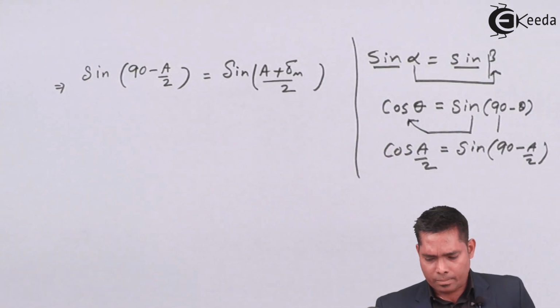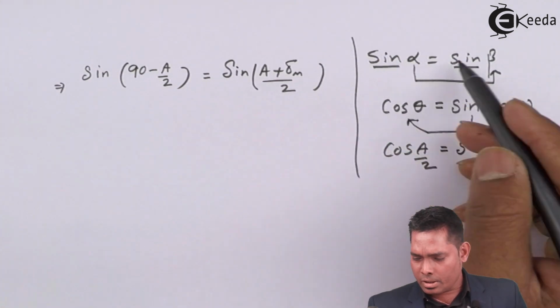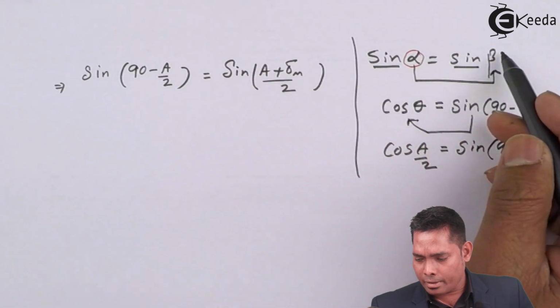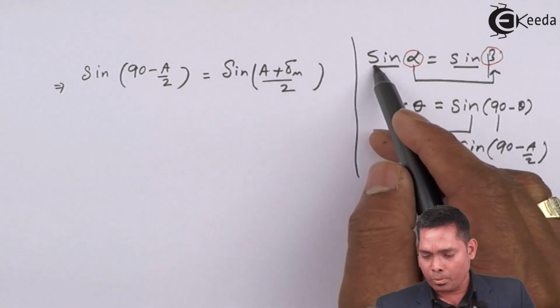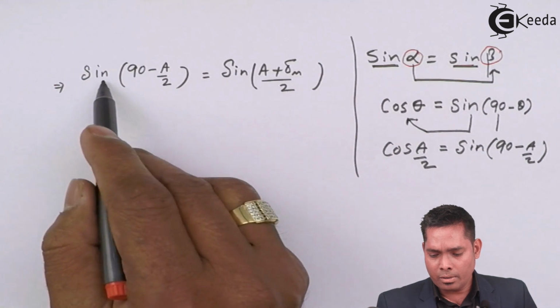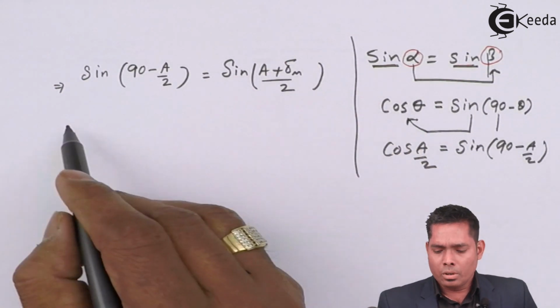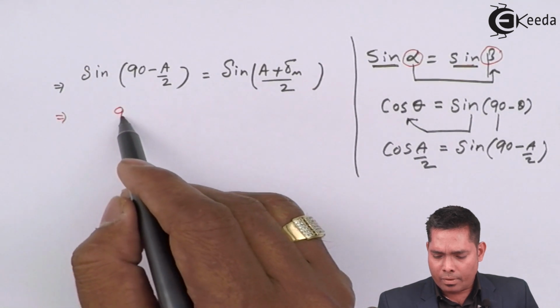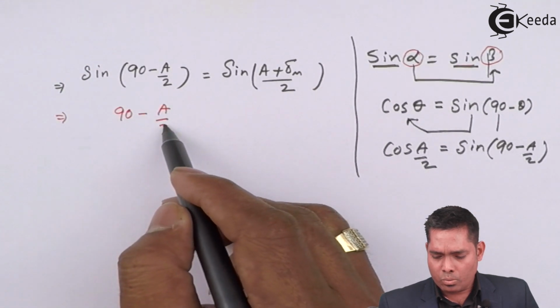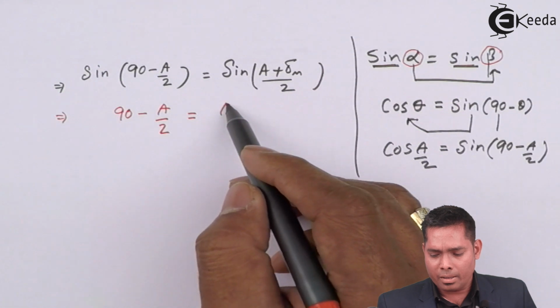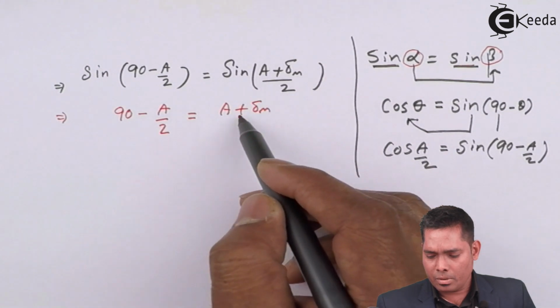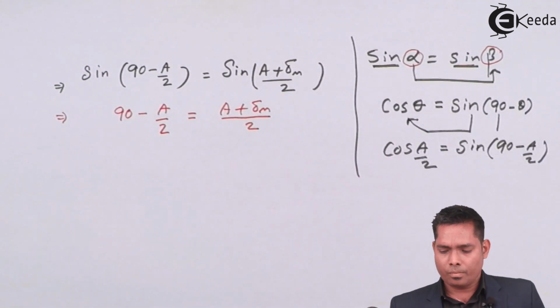From here, alpha and beta will be the same because both are sine. So this angle must be equal to this angle. So 90 minus A by 2 must be the same as A plus delta m divided by 2.